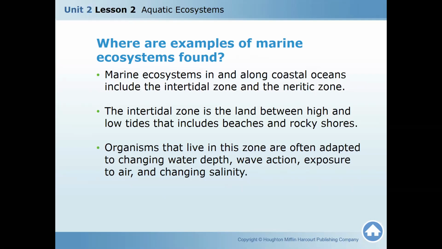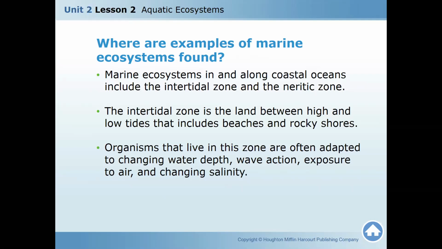What is the meaning of intertidal zone? When it is low tide, the waves are very low. When it is high tide, you can see the waves splashing out near the shore. So the intertidal zone is the land between high and low tide that includes beaches and rocky shores.